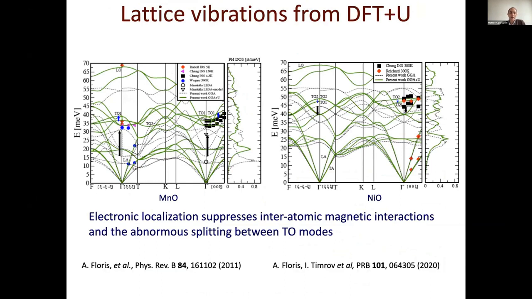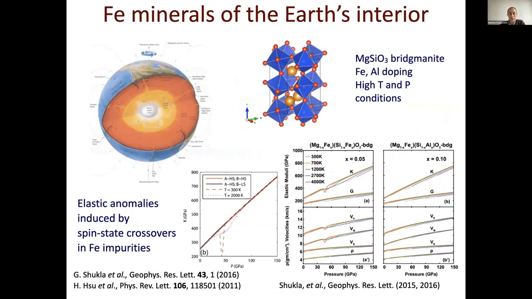And also you will hear an invited lecture by Renata Wentzcovitch later on, probably talking about how this better localization of electrons on the d states of iron that you can achieve with DFT+U is very important to capture the thermomechanical properties of minerals in the Earth interior, where the concentration of iron grows with depth from the Earth's surface, and is fundamental to capture the structural and spin transitions these materials undergo under the pressure and temperature conditions they are subjected to in our planet's interior.